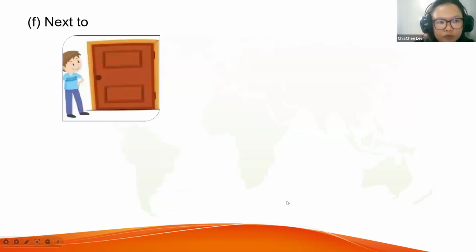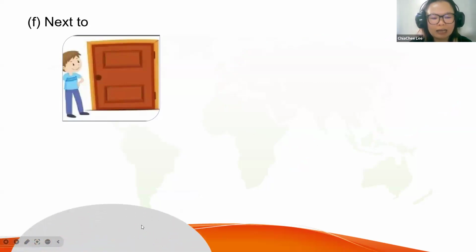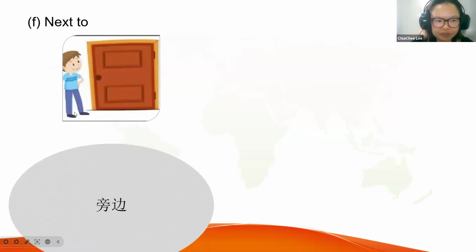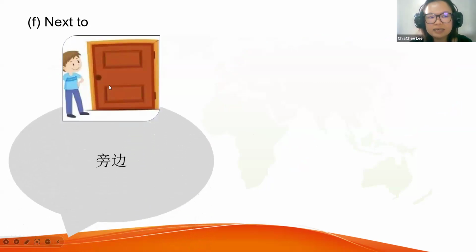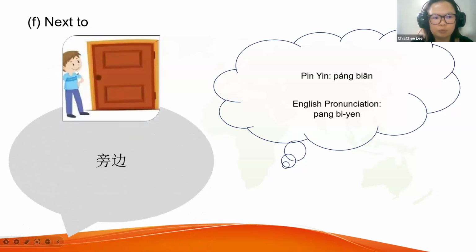Then we move on to the parallel level, same side, and we call it 旁边. So this cartoon is standing next to the dog. This one is the cartoon, two will be the dog.